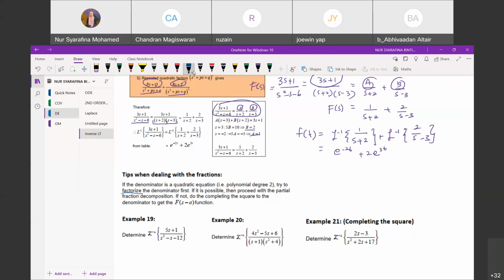Okay, so now let's try example 19. 5s plus 1 over s squared minus s minus 12. Can you simplify this or not?